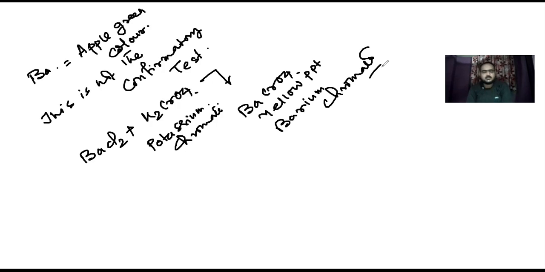This will give a yellow precipitate of potassium cobalt nitrate. So these flame tests will give you a preliminary idea, but not the confirmatory tests. These are the tests to preliminarily identify whether the element is present or not. The confirmatory test in practical chemistry is different from the flame test.